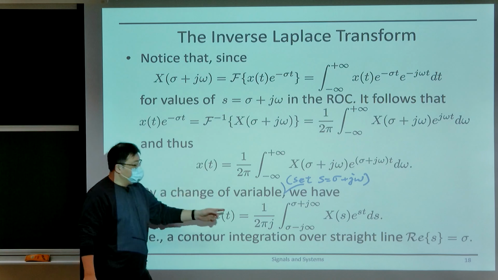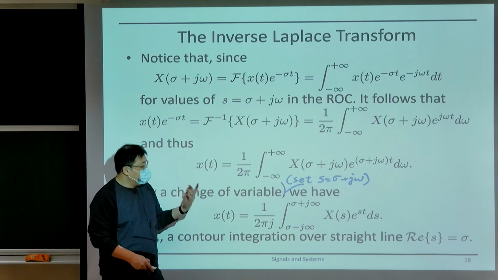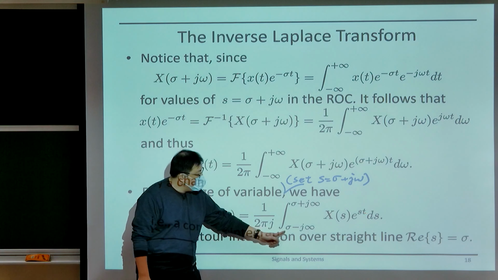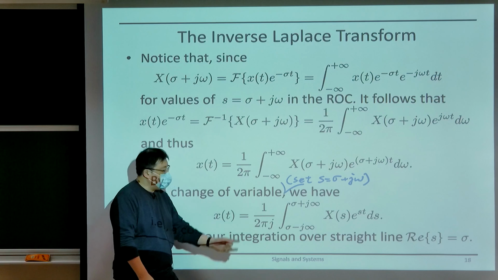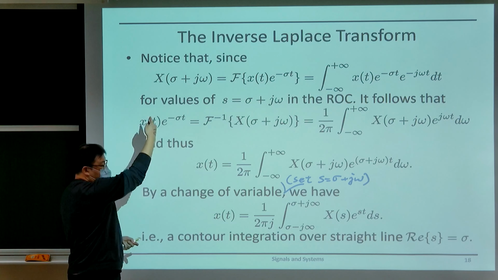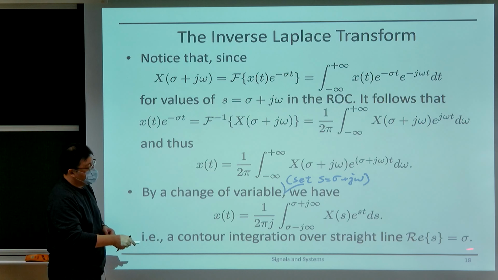So what is the inverse Laplace transform? The inverse Laplace transform is the integral of x of s times e to the power st, integrated over this line corresponding to the real part of s equal to sigma.